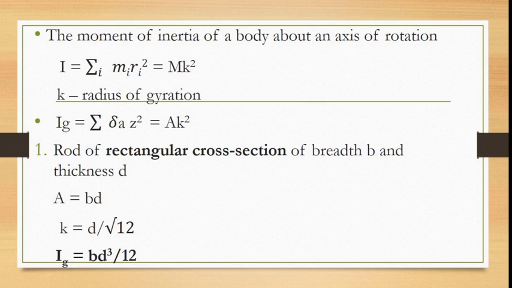From that you can calculate Ig, the geometrical moment of inertia, as B D cube by 12. So what will be the bending moment? You can substitute Ig in the expression for bending moment and you will get the expression as Y into B D cube by 12R.